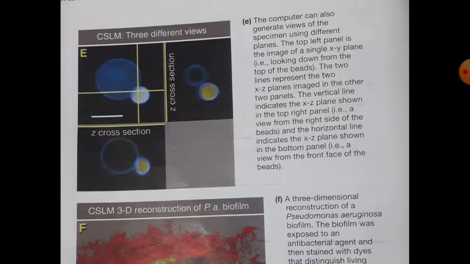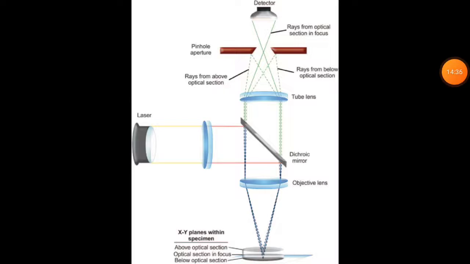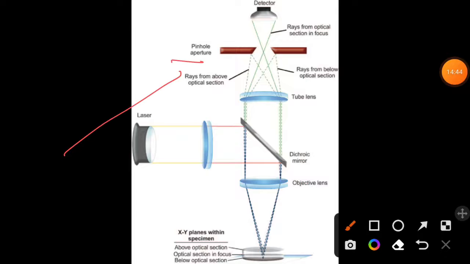It is exactly the same as epifluorescence microscopy, but the difference is it has an extra pinhole. This pinhole will only allow the light coming from the plane of the focus to go to the detector, and the detector will transfer that light to a computer.